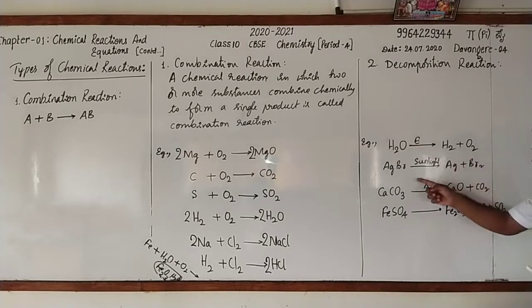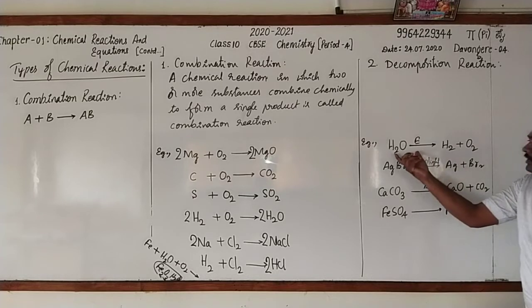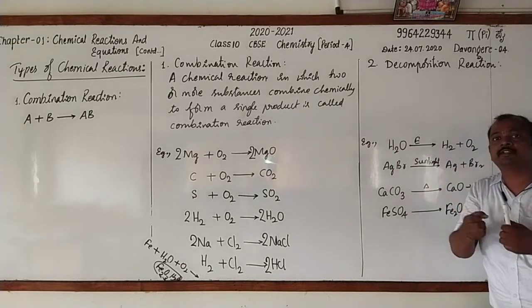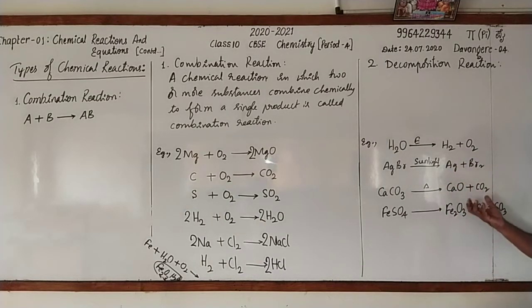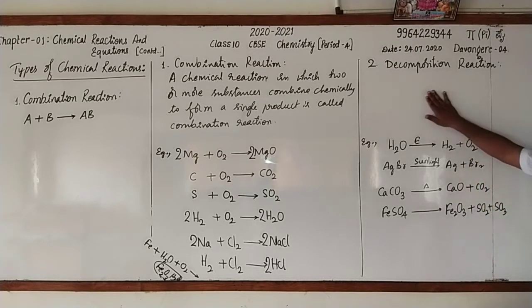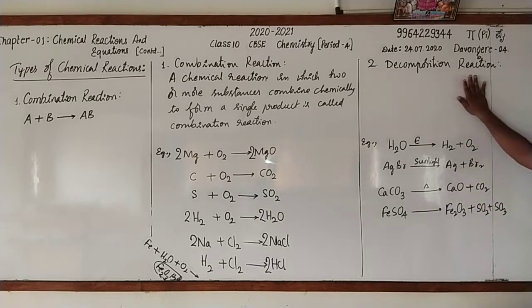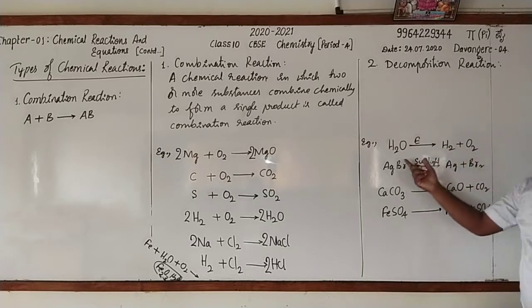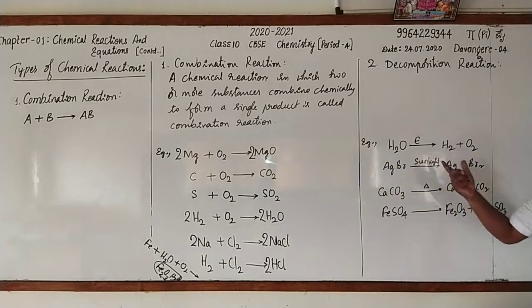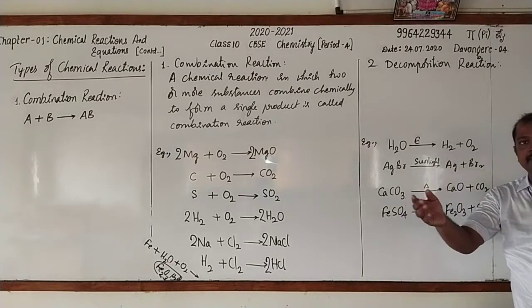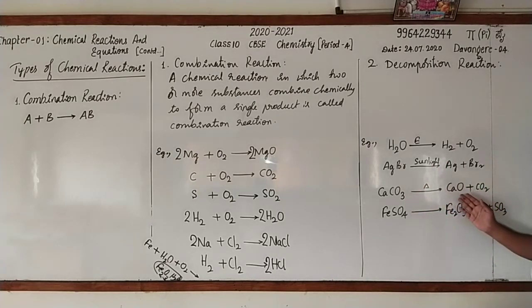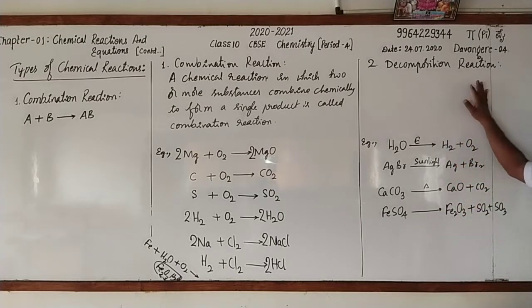It is a type of chemical reaction in which a single substance or single reactant gets split up or decomposes into 2 or more new substances with a suitable condition, and this is known as a decomposition reaction. Clear? A chemical reaction in which a single substance gets split up into 2 or more new substances with suitable conditions is known as a decomposition reaction.